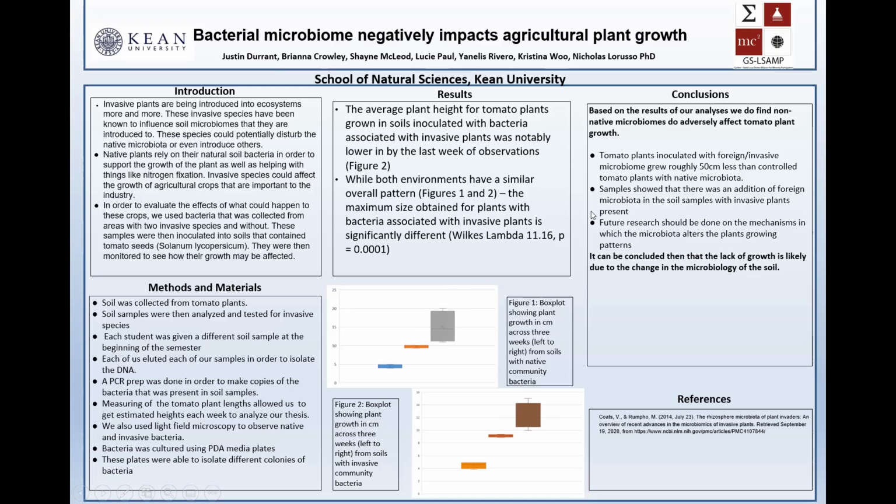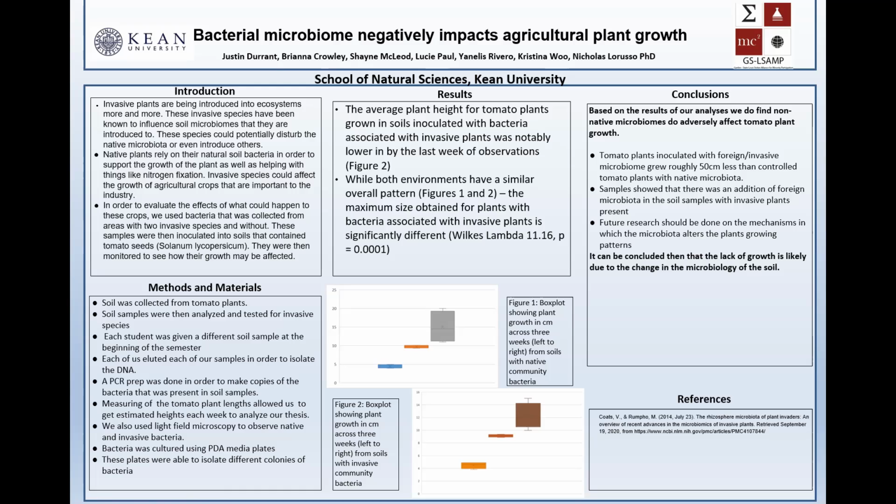And to conclude, essentially, based on our results and our analysis, we found that non-native microbiomes do adversely affect tomato plant growth. Tomato plants inoculated with foreign and invasive microbiomes grew roughly 50 centimeters less than the controlled tomato plants with the native microbiota.